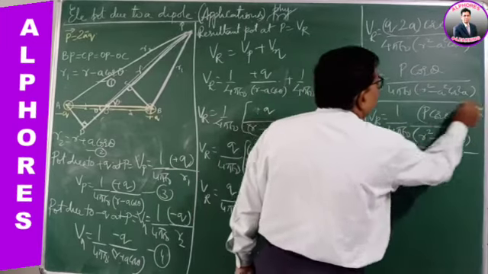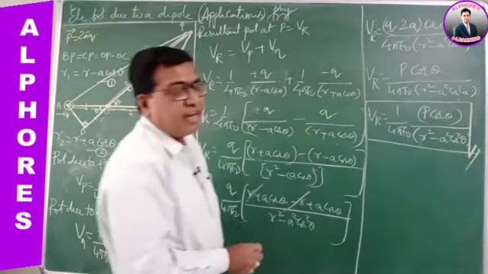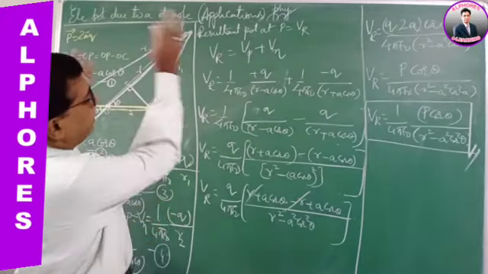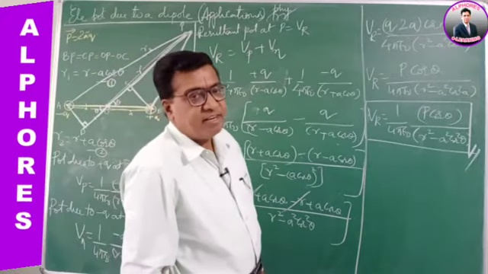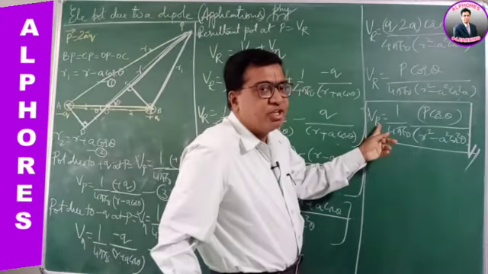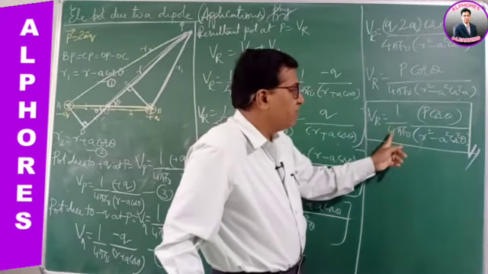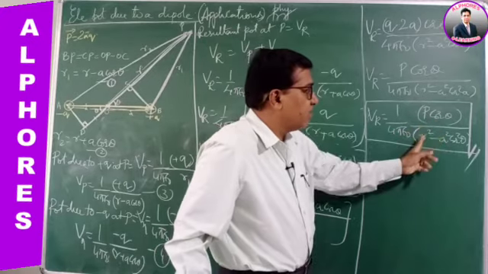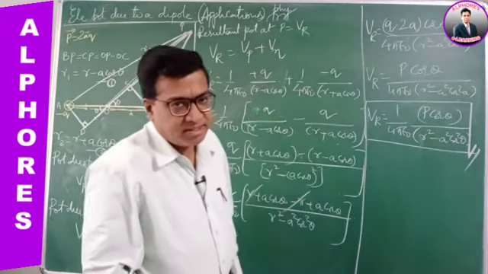This way you find the resultant potential at any arbitrary point in the field of the dipole, any general point. The potential at any general point due to a dipole is 1 by 4 pi epsilon naught P cos theta by R square minus A square cos square theta. Right?